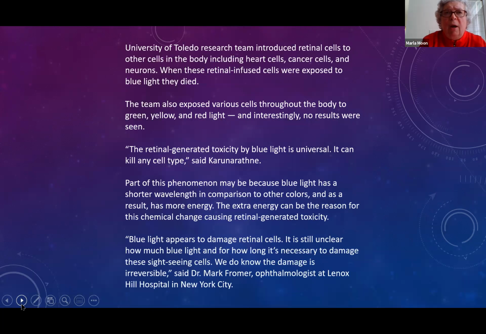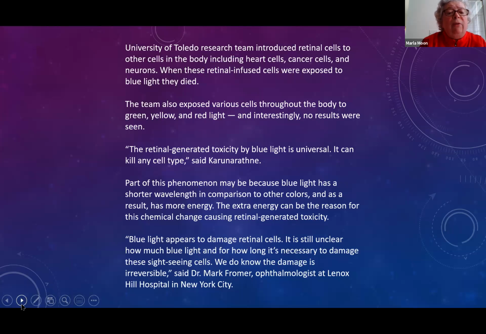There's a big research program going on in Canada, and also one in Hong Kong. But the University of Toledo also has a research team, and this is the problem with regard to blue light. They introduced retinal cells to other cells in the body, including heart cells, cancer cells, and neurons.